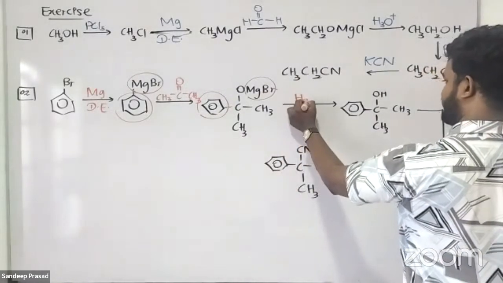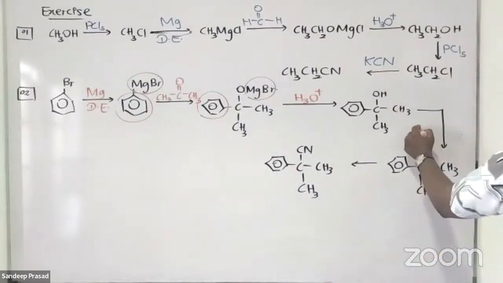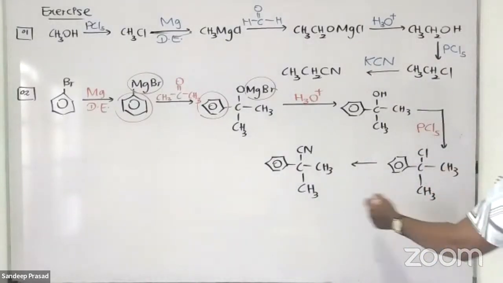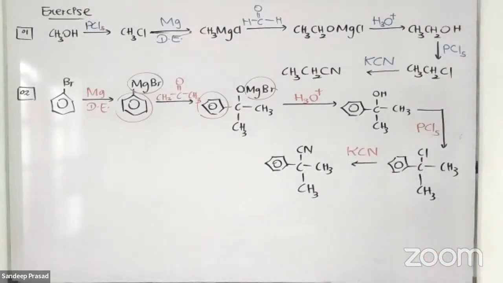And OMgBr, if you want to convert that into OH, we have to add H3O plus. Of course, here we have to add PCl5 and KCN. See how easy these things are? Not difficult, right? Quickly finish these two.